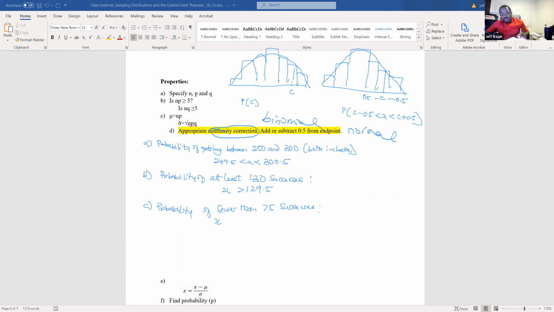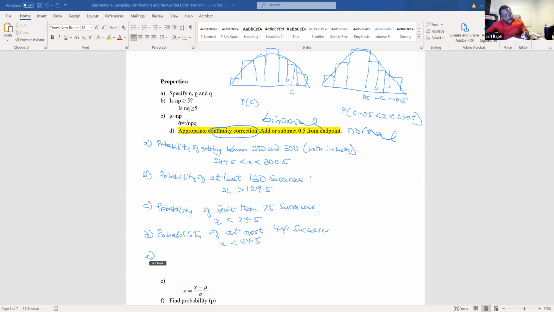That correction there would be 74.5. Nice. What about the probability of, which one is left, at most 44 successes? What would that be? At most 44 means that the top post is 44, so in that case you're going to do 44.5.